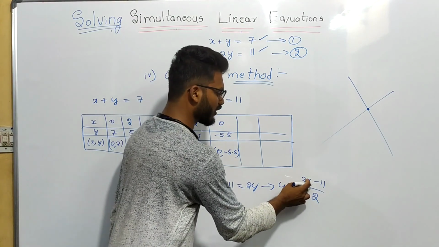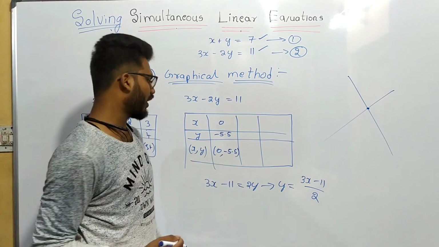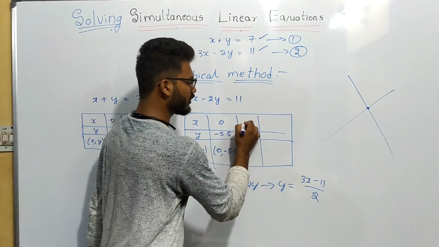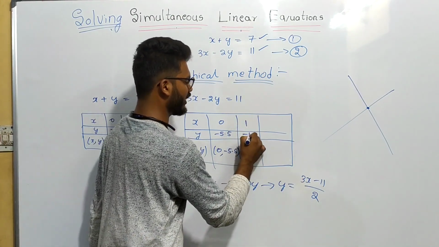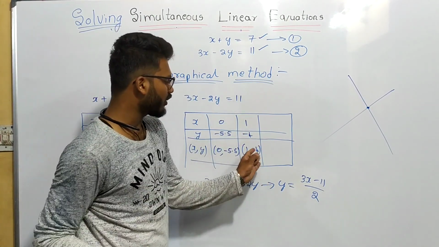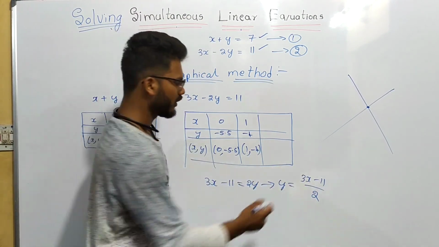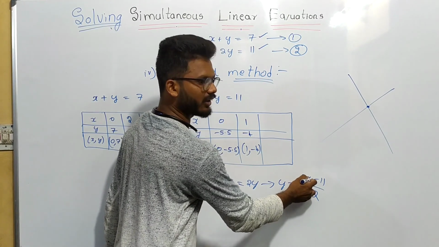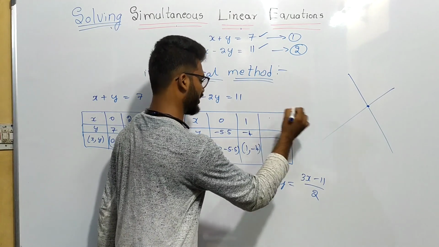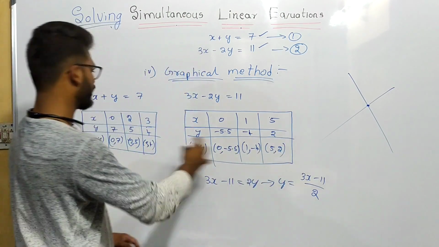And suppose x is 1: 3 ones are 3, 3 minus 11 is minus 8, so minus 8 by 2 is minus 4. x is 1, y is minus 4, so 1 comma minus 4. If I want a positive value, let us take a higher one. Suppose x is equal to 5. 3 fives are 15, 15 minus 11 is 4, 4 by 2 is 2. So x is 5, y is equal to 2. I have taken 3 points.